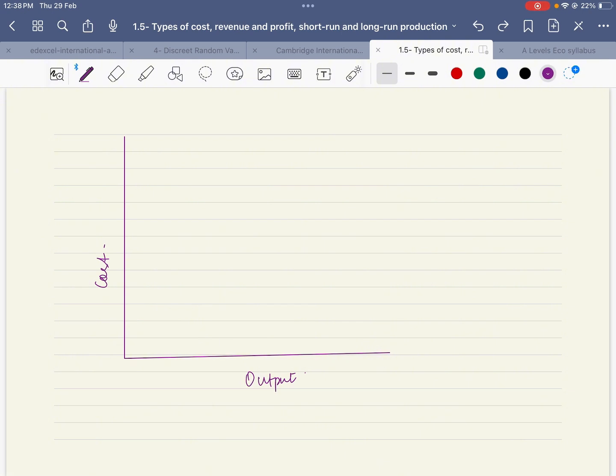It will approach 0 but it never touches 0. It approaches 0 when the output is abnormally high. As the output increases, all the variable costs start increasing due to the law of diminishing marginal returns. They decrease initially but they eventually start to increase and move upward on the curve.